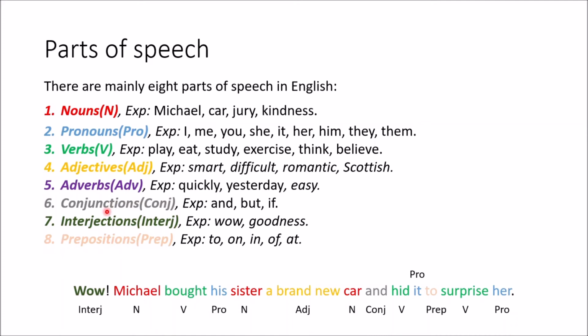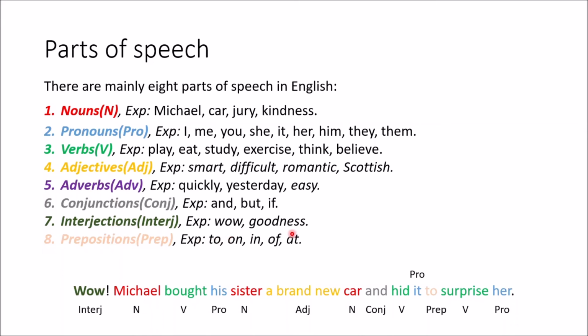Conjunctions. A conjunction has the function of linking. It links words or word combinations in structures or sentences. And, but, if, they join clauses into sentences. Interjections are reaction words, so they express emotion.